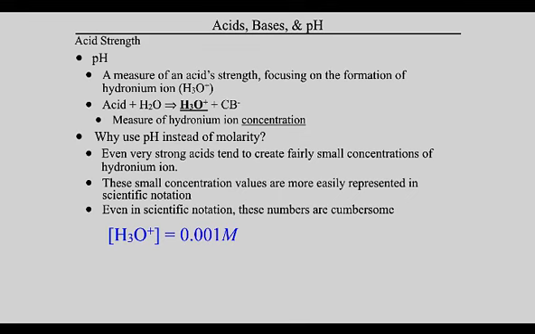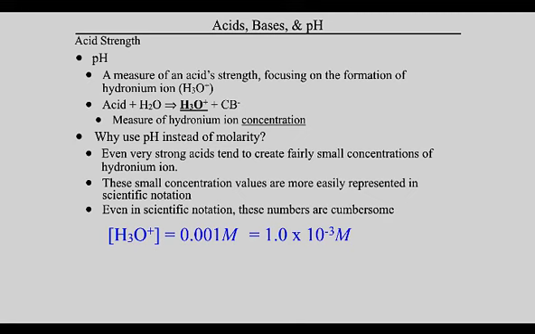So guys, this acid has a hydronium ion concentration of 0.001. You spill that on you, you are a hurting kid. But that number, 0.001, is a pain in the butt if you've got to be writing it down all the time. So what do we do? Well, we put it in scientific notation. And now it's even worse.